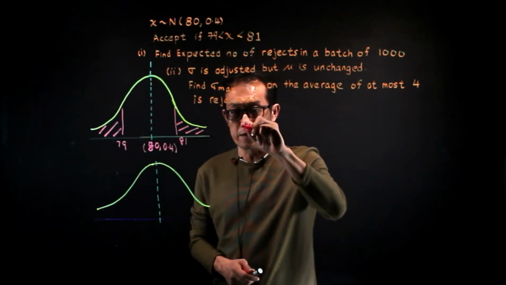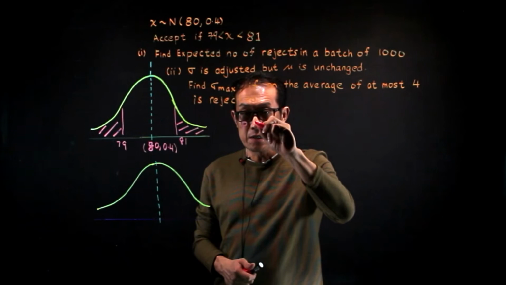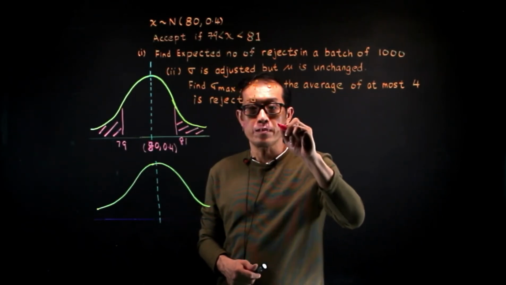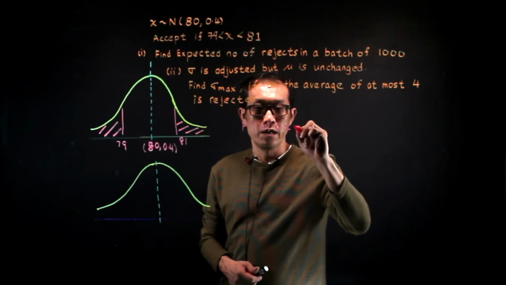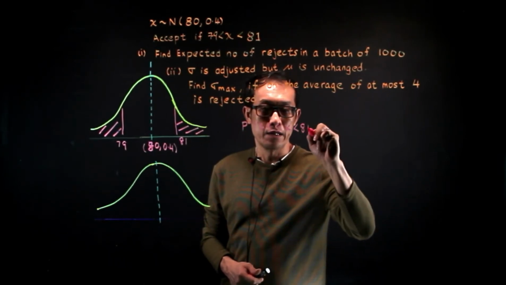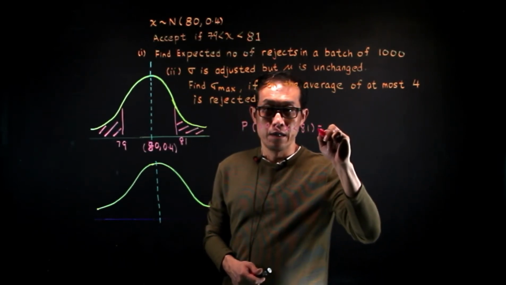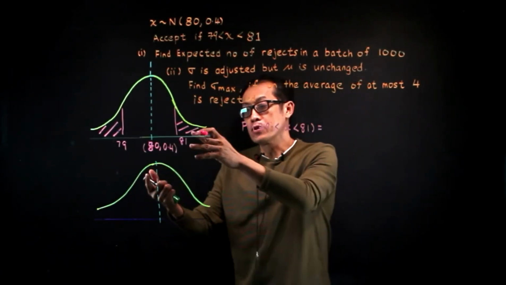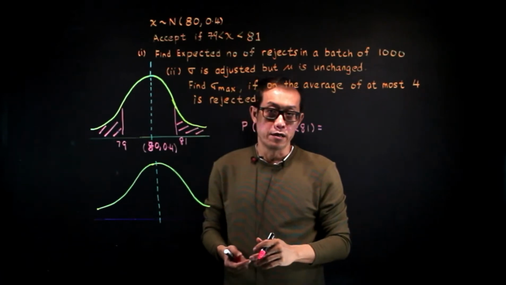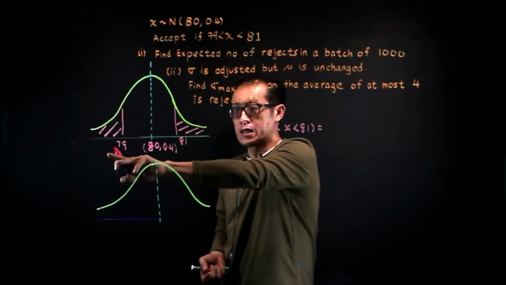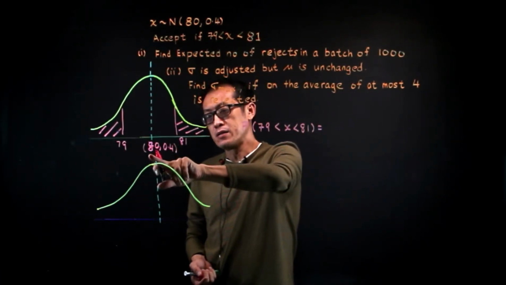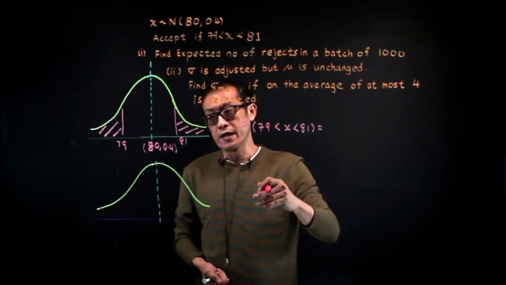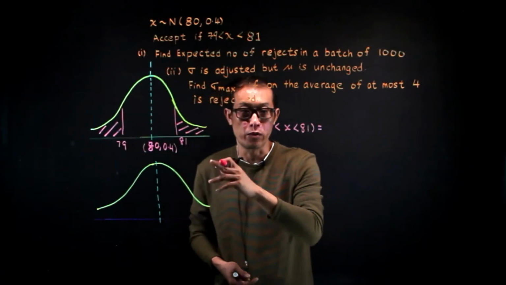So let's do that. Probability that it is between 79 and 81. Now, if you key that into the calculator, lower limit 79, upper limit 81, mean 80, standard deviation square root of 0.4, I say again, it is square root of 0.4, not 0.4.